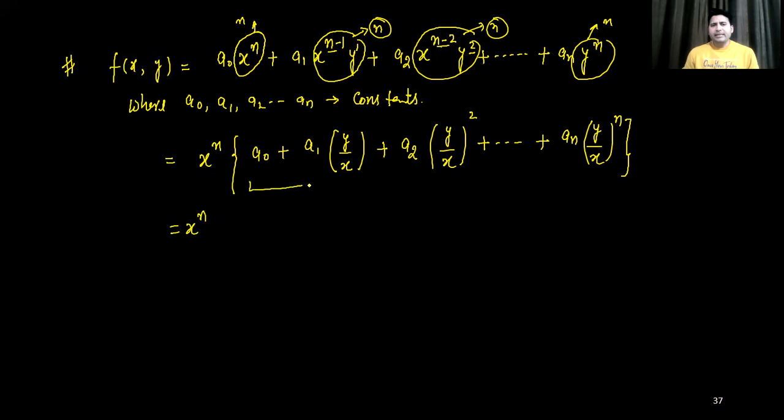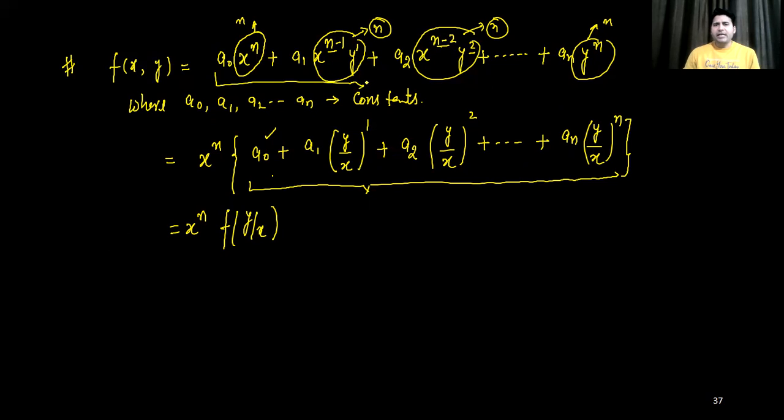You can see each term of this expression has y upon x: y upon x power 0, power 1, power 2, and the last term is y upon x power n. In place of writing this whole lengthy expression, I can simply write x power n into a function of y upon x.